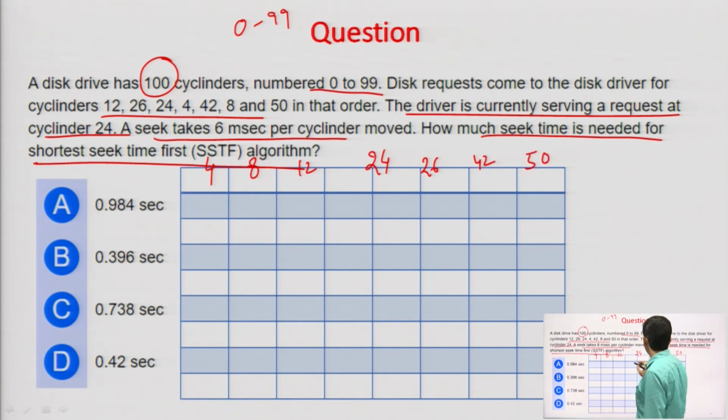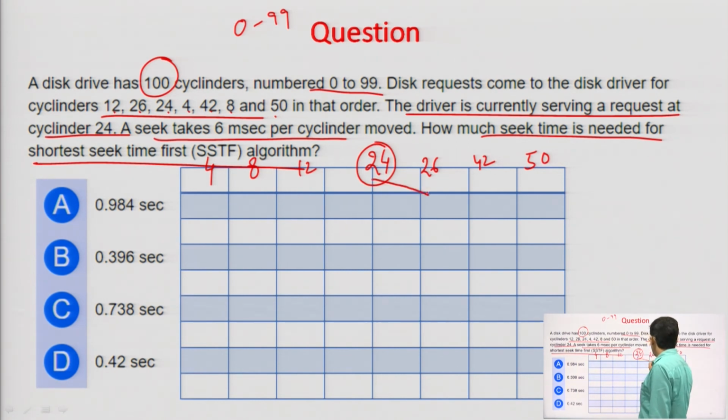Let us count the number of requests: 12, 26, 24, 4, 42, 8 and 50. So, there are 7 and we have marked them. Currently, the disk arm is at 24 and one of the requests is also 24. So, obviously, it will take no time to satisfy that request. It does not have to move to satisfy request 24. From 24, it will move to the nearest one.